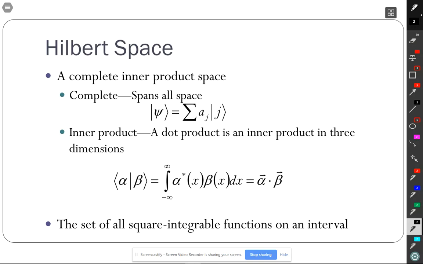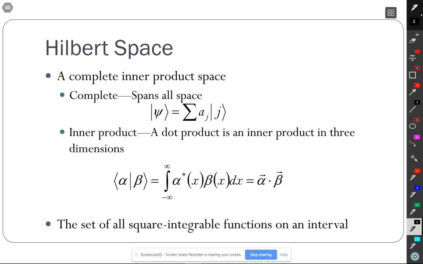Once again, I'm using that term eigenstate. Eigensystem, you have different levels, and each level corresponds to an energy. So I take some constant times state 1 plus some constant times state 2 plus some constant times state 3, and I should be able to make any function by doing that. That's what it means for it to be complete.